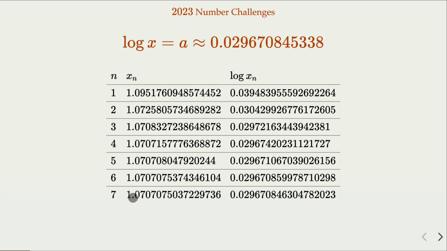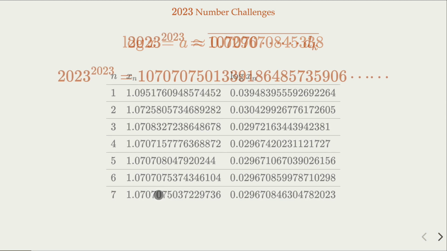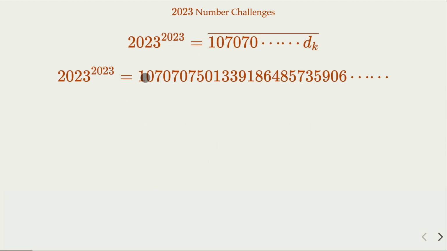The leading value looks like 107070. We look for the first 6 digits, so that would be it. Indeed, when I use a big number calculator, the leading value is indeed 107070.